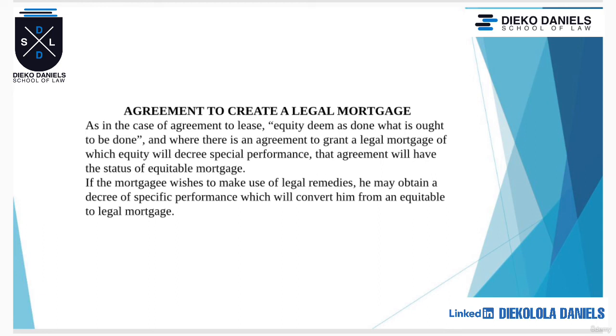So you can see the first thing that we have learned: when we have a mortgage of an equitable interest, it gives you what? It gives you an equitable mortgage. When you mortgage an equitable interest, the substance of your mortgage is not legal but equitable.